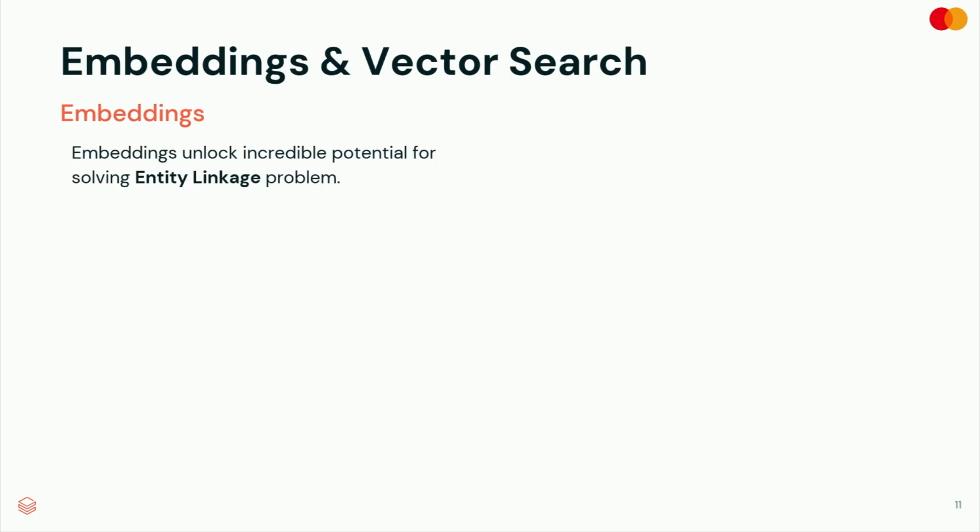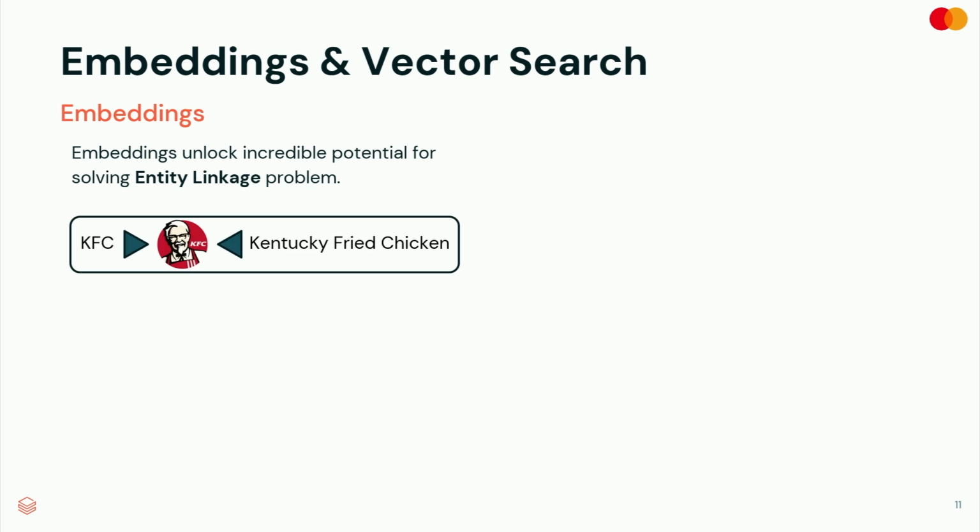All right, now let's talk about the embeddings and the vector search. Embeddings unlock incredible potential for the entity linkage problem. In natural language processing, I would say that string similarity metrics are the standard.